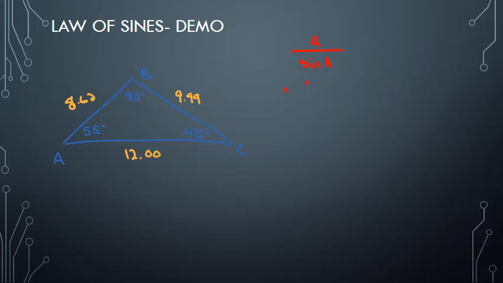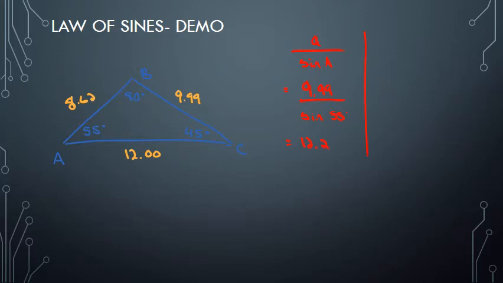So side A, 9.99 over sine 55. If you grab your calculator, and I'll grab my calculator and do it in real time with you, 9.99 divided by sine 55. The one thing you always want to make sure is that you're in degrees, by the way, with your calculator. I'm just going to round this to one decimal place. So I'm going to get 12.2.